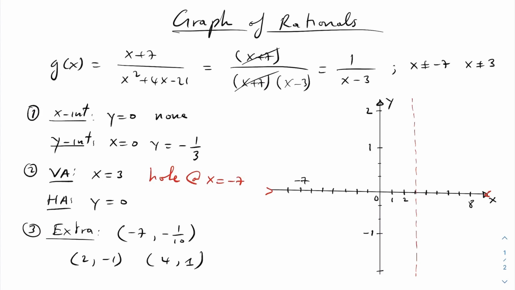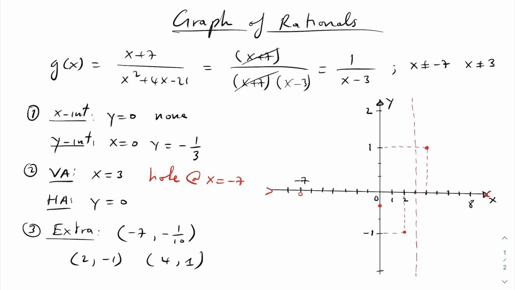So I'm going to have the point negative 7 comma negative 1/10 right here. That's going to be a hole, so I'm not going to cover it in. And then I'm going to have my y-intercept at x equals 0 and y equals negative 1/3 right here. Then I'm going to have the point 2 comma negative 1, then the point 4 comma 1. And then as you know already, this graph is going to have two portions because there's one vertical asymptote.